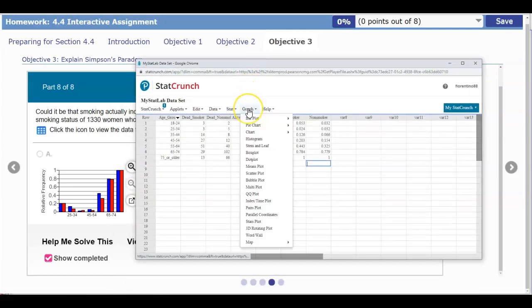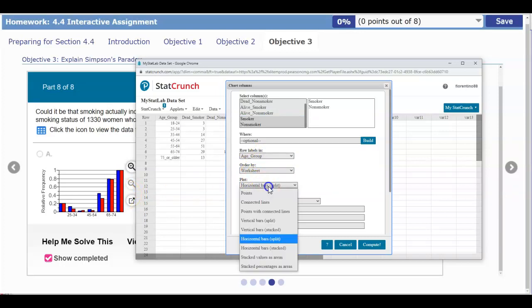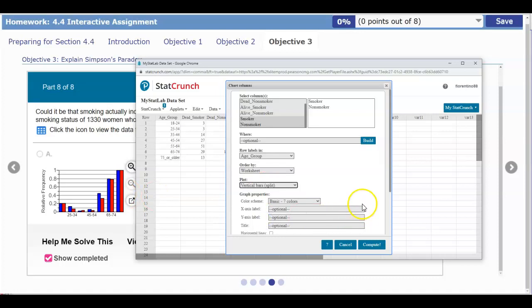Okay, so we're going to open up StatCrunch and select graph, then chart, and then select columns. The columns that we want are smoker and non-smoker, because that's what we just filled in. And we want the row labels to be the age group. Then we want everything to be worksheet, and we want to make sure it's vertical bars that are split.